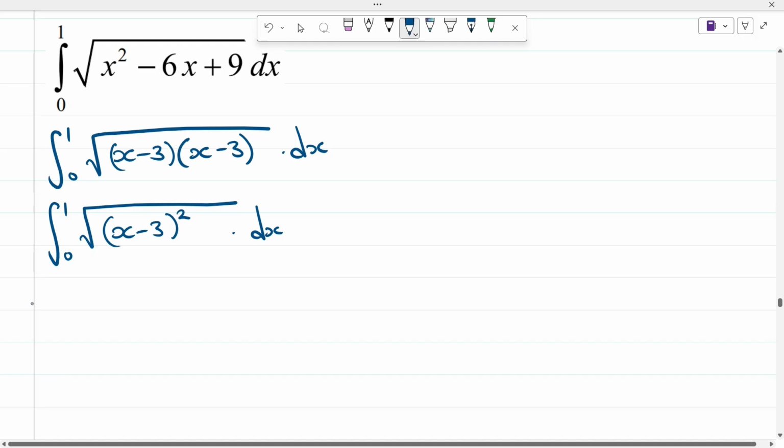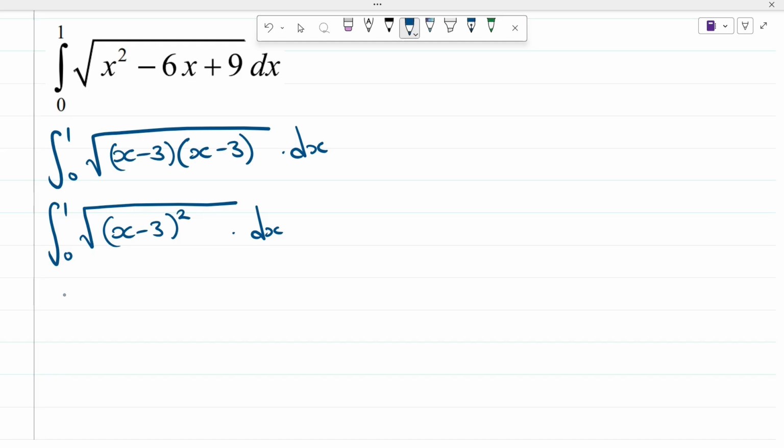Then from here we need to take the absolute value of x minus 3, because on the interval of the limits, 0 to 1, x minus 3 is less than 0.